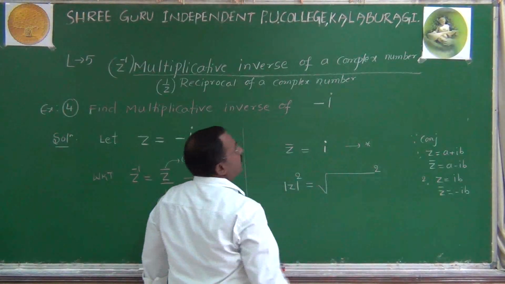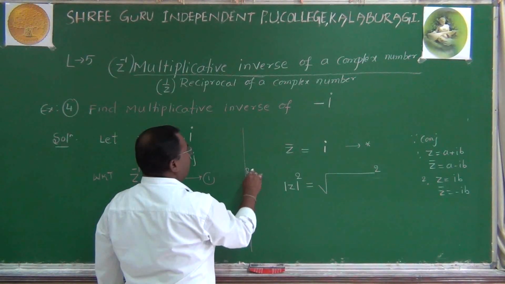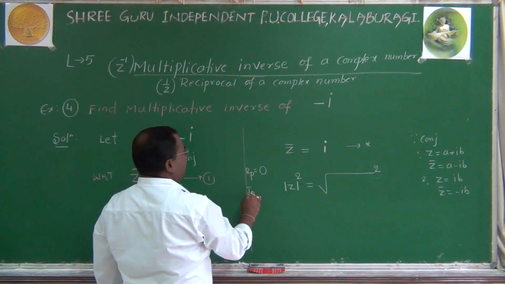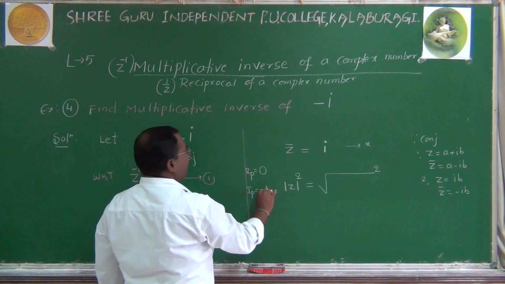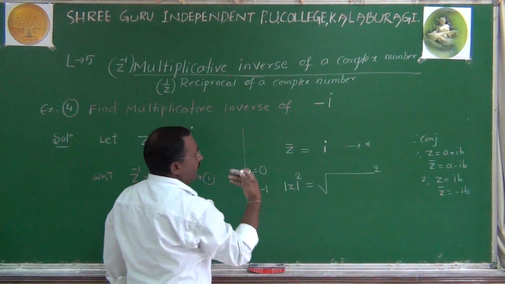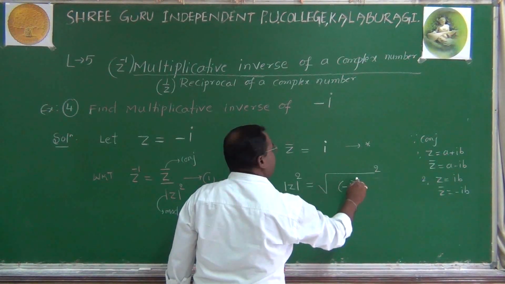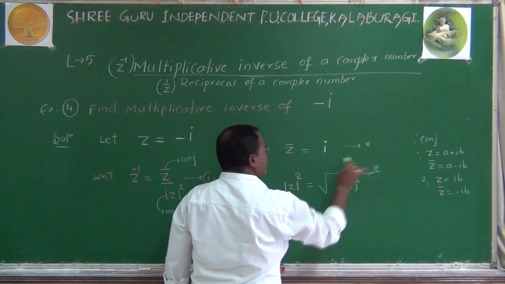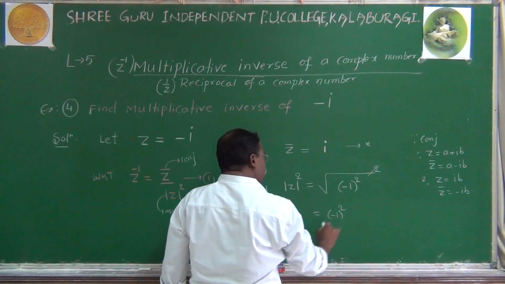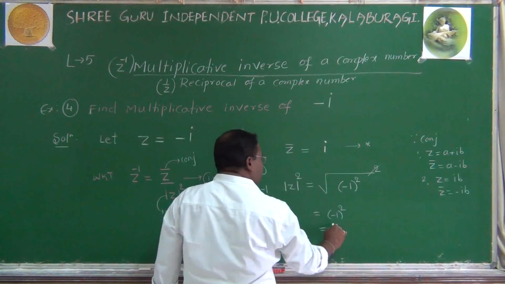In this place, the imaginary part is minus 1. Real part 0 not necessary, here minus 1 also. Square and root get cancelled. Minus 1 whole square: negative square is always positive. 1 square is what? 1.